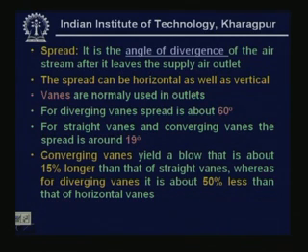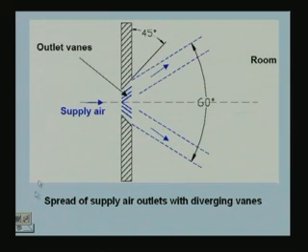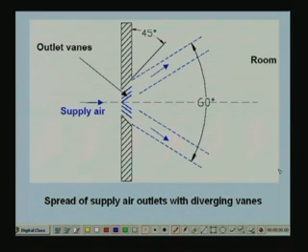Let me show this angle of divergence for a diverging vane. Again, this is where your supply air is coming in at high velocity, and on this side you have the room. It leaves the supply air outlet, and as it leaves it spreads. So you can see that air is flowing like this.